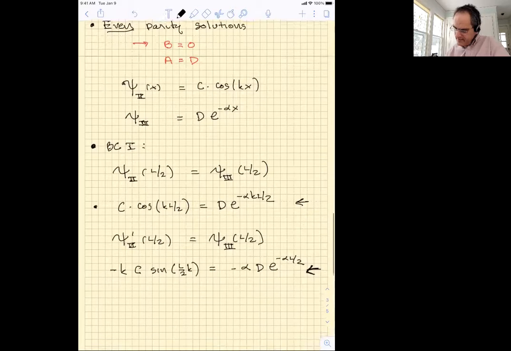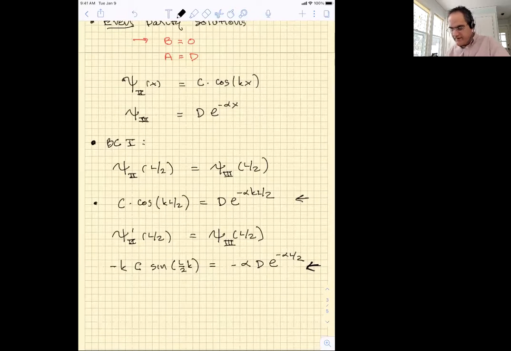Okay? Now we can combine these equations in the following way. Let's just take the ratio of the second equation to the first equation and see what we get. Then when we do that, we have minus k times sine of L over 2 k divided by cosine of L over 2 k.